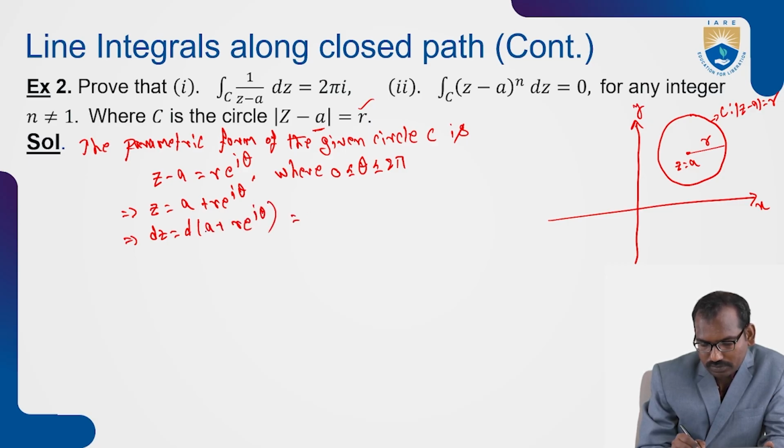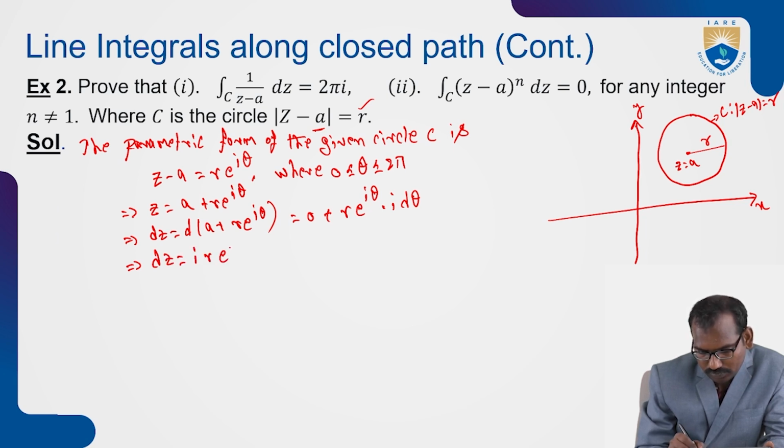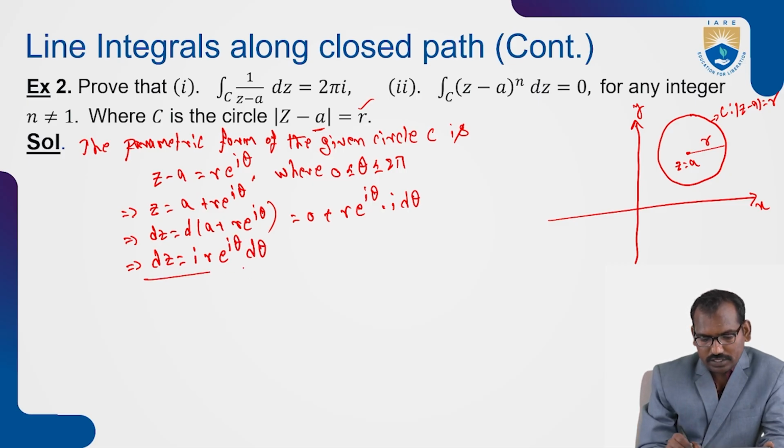The derivative of A is 0, plus next we have R e power i theta into i into d theta. That is, dz is i R e power i theta d theta. This is required for us to perform the integration.